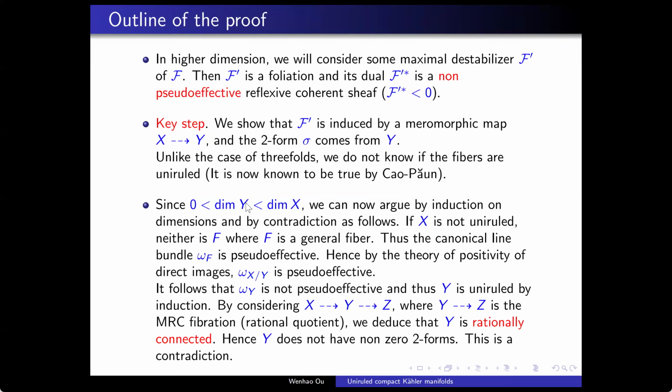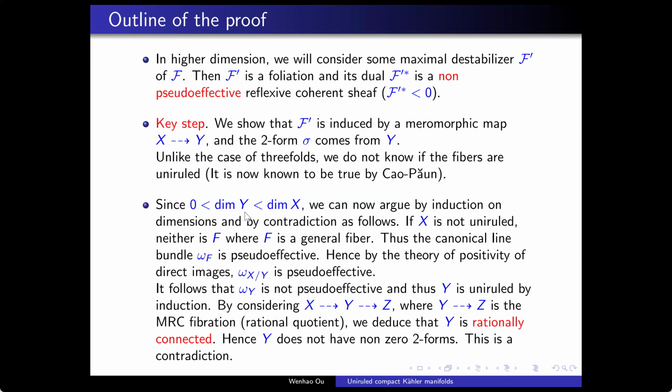So I will claim that Y is indeed rationally connected under this assumption, because if Y is not rationally connected, I can consider the MRC fibration of Y to some Z. And this also exists and is called the rational quotient by the work of Campana in the setting of Kähler varieties. So we can consider this composition from X to Z. If Y is not rationally connected, Z is not a point.